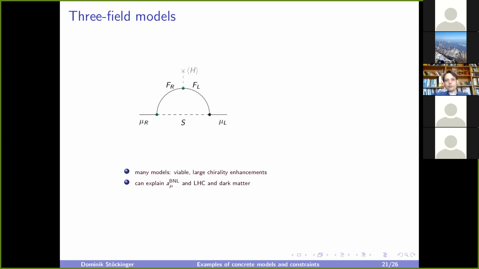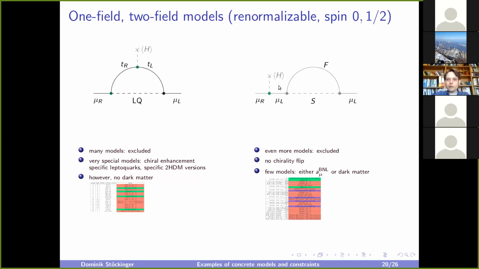In contrast, if you have a scenario where you have no additional chirality flip, like in the right diagram here, then you have, for instance, two new particles, and both vertices are now coming from the same term in the Lagrangian. Therefore, this coupling appears squared, and you have no way to change the sign. The sign comes out whatever it is, either positive or negative, and then the sign typically depends on whether the photon couples to the fermion or to the scalar, and it depends on the electric charges of the fermion and the scalar.